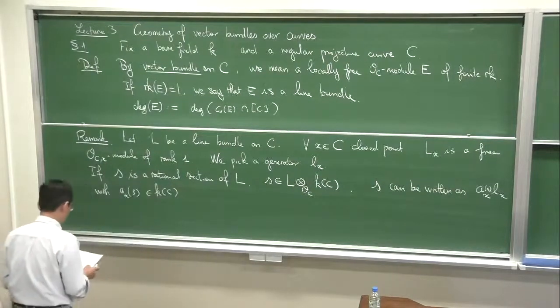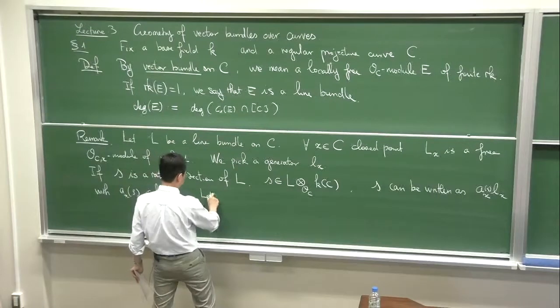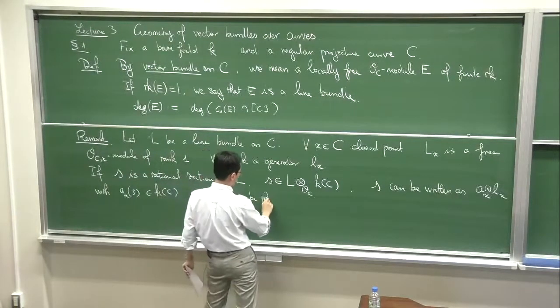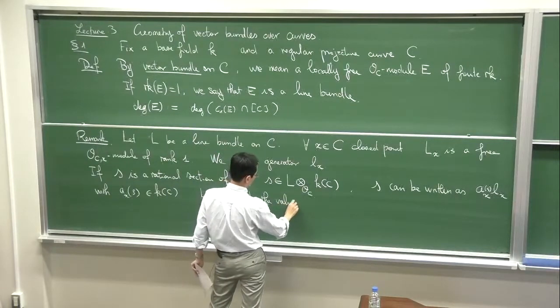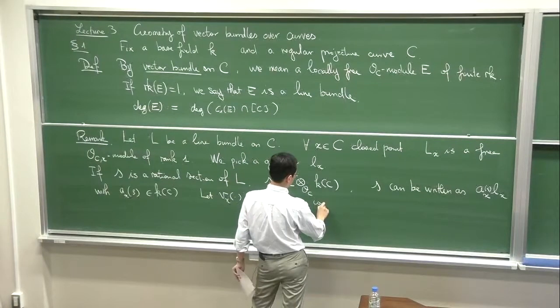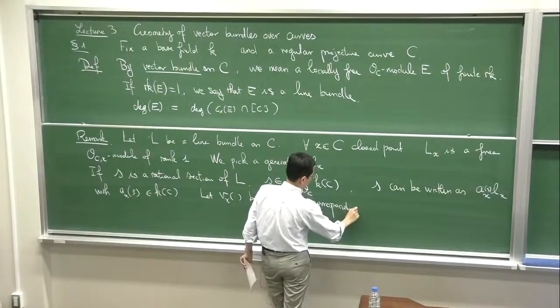So you can talk about a discrete valuation. Let v_x be the valuation corresponding to this valuation ring.